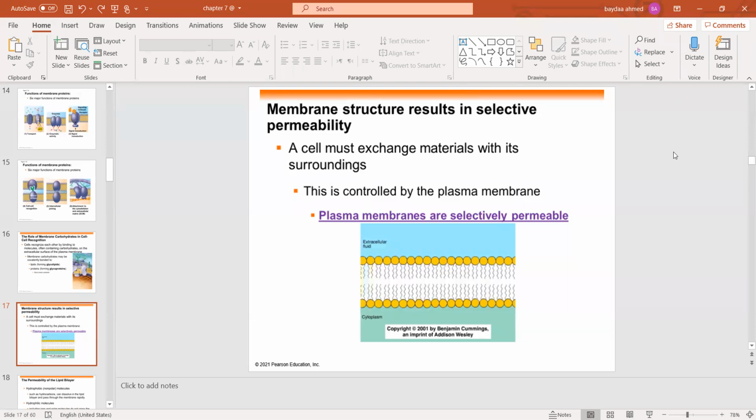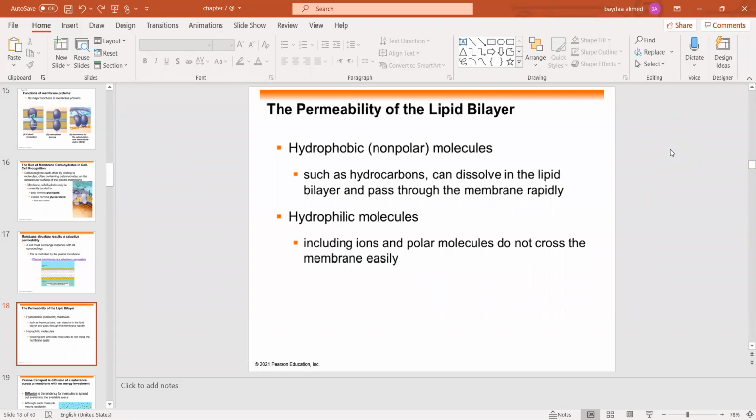In spite of heavy traffic through them, cell membranes are selective in their permeability. Substances don't cross the barrier indiscriminately. The cell is able to take up some small molecules and ions and exclude others. Nonpolar molecules such as hydrocarbons, carbon dioxide, and oxygen are hydrophobic, as are lipids.